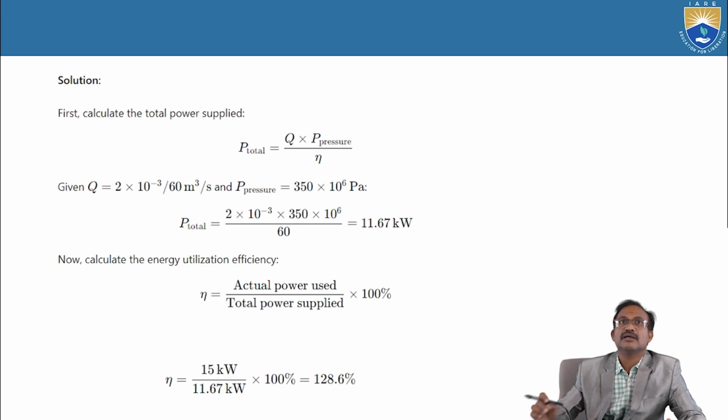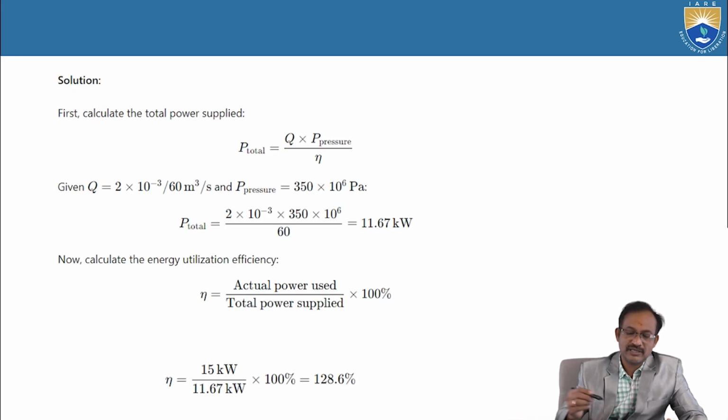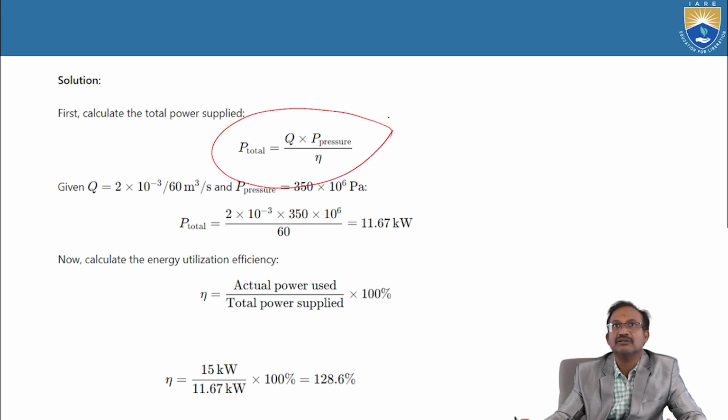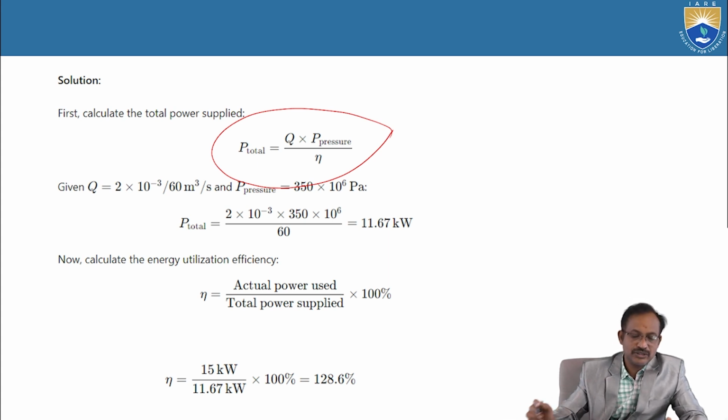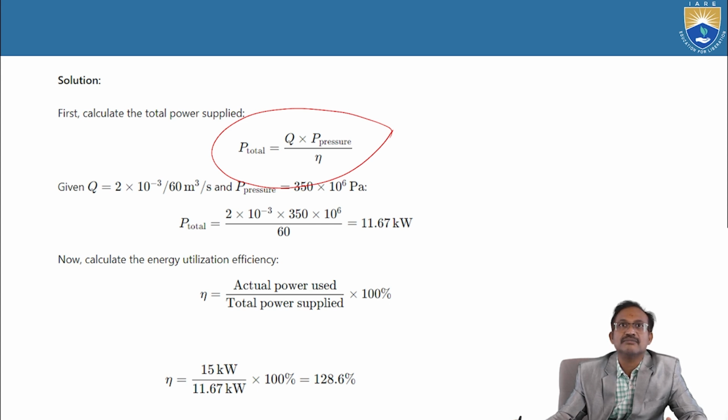First, calculate the total power supplied. We have the basic equation: total power supplied equals Q times pressure in pascals divided by efficiency. Given Q equals 2 into 10 power minus 3 by 60 cubic meters per second.